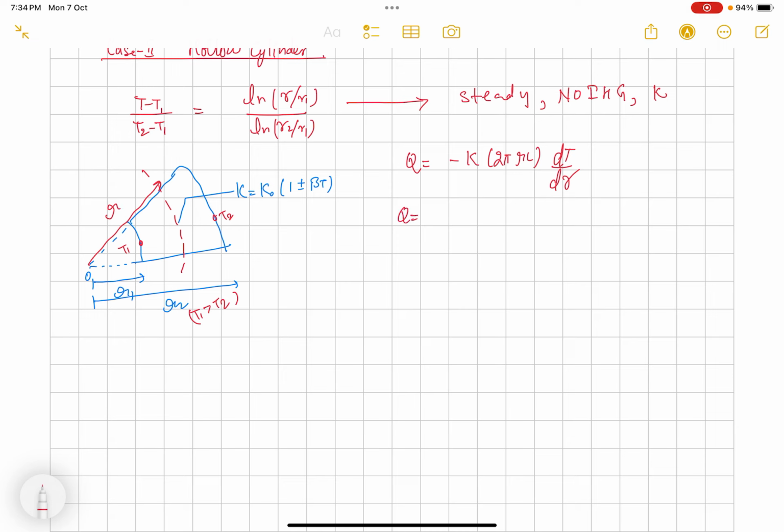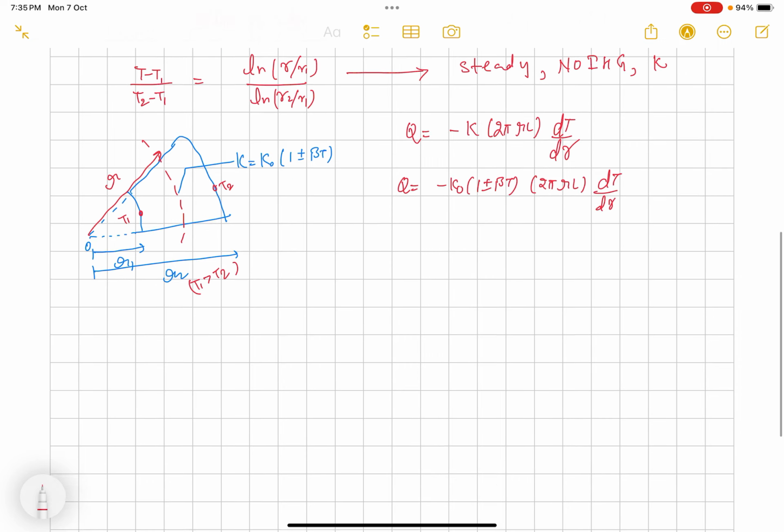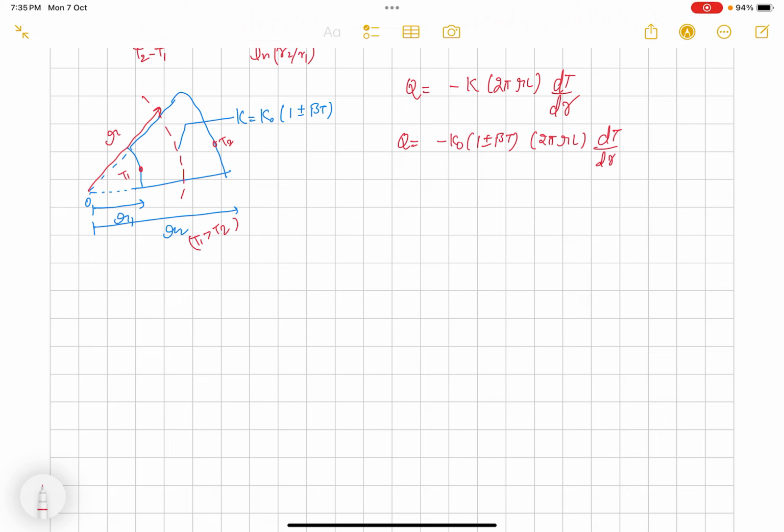So writing k as k naught times (1 plus beta T), Q equals minus k naught (1 plus beta T) 2 pi r L times dT by dr. Let's do integration for that. Q is constant for this case because it is steady state. So whatever heat comes into this plane, the same heat goes out of this plane.